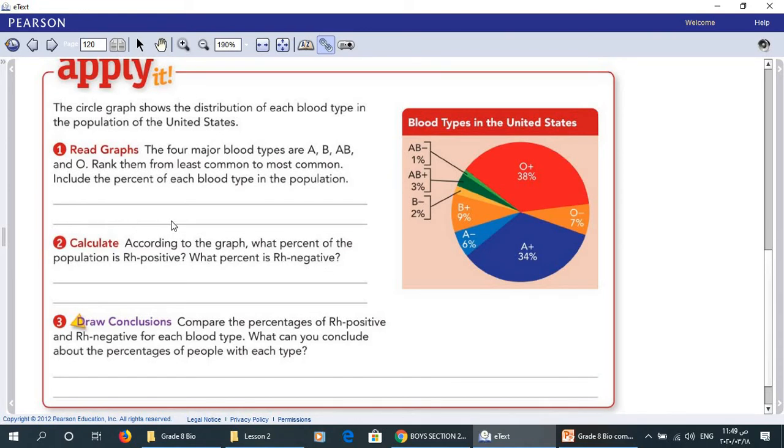Question 3. Compare the percentage of Rh positive and Rh negative for each blood type. What can you conclude about the percentage of people with each type?